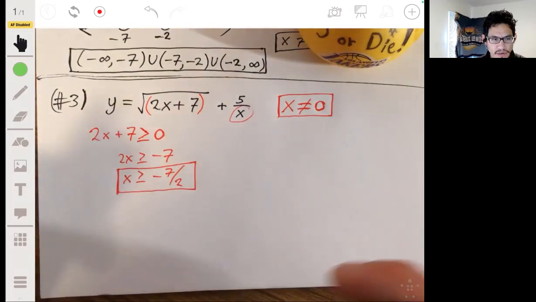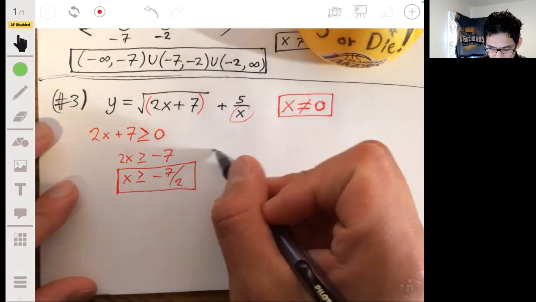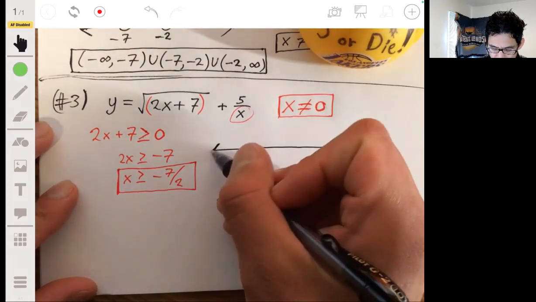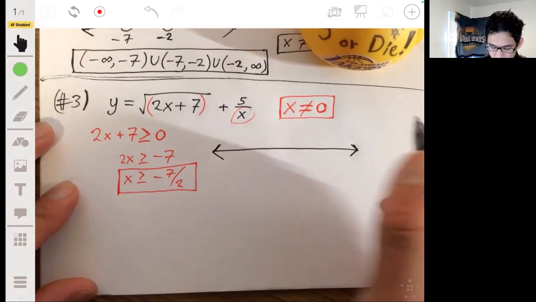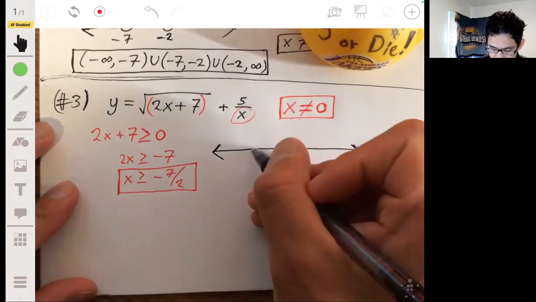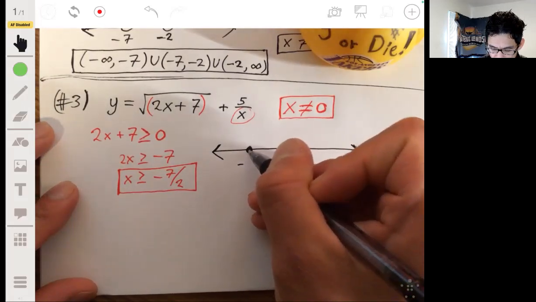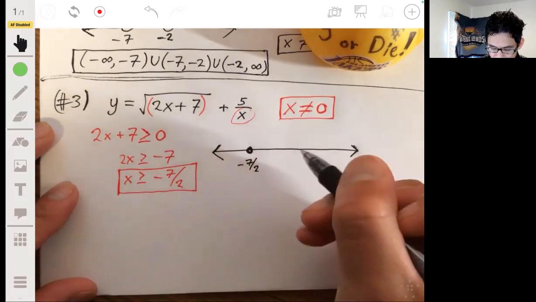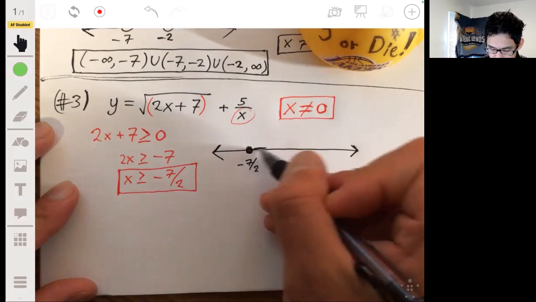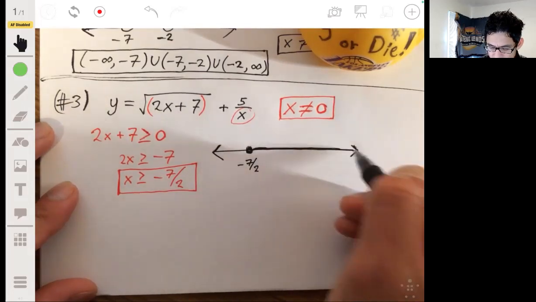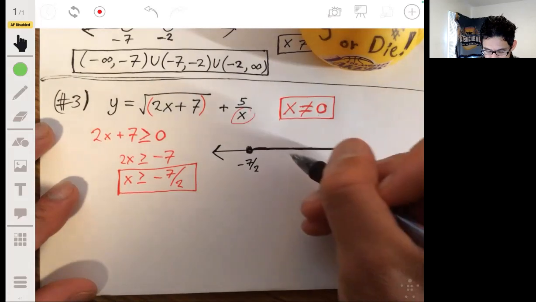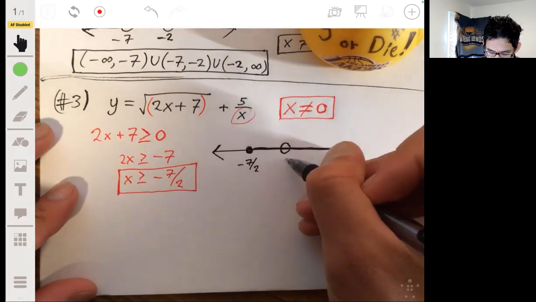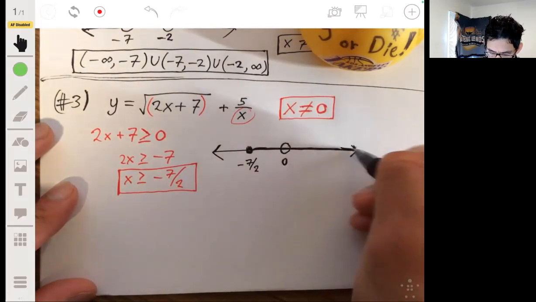So the domain would be the set of values greater than or equal to negative 7 halves, but not including 0. Let's do a number line again, because that usually helps. It's always good to have a visual when doing math. So let's start at negative 7 halves, which is negative 3.5, and go all the way to the right to infinity, except let's jump over 0, because we have to skip 0.